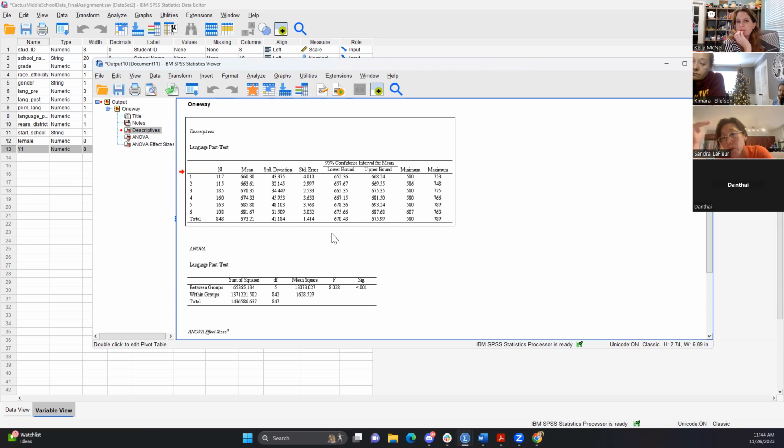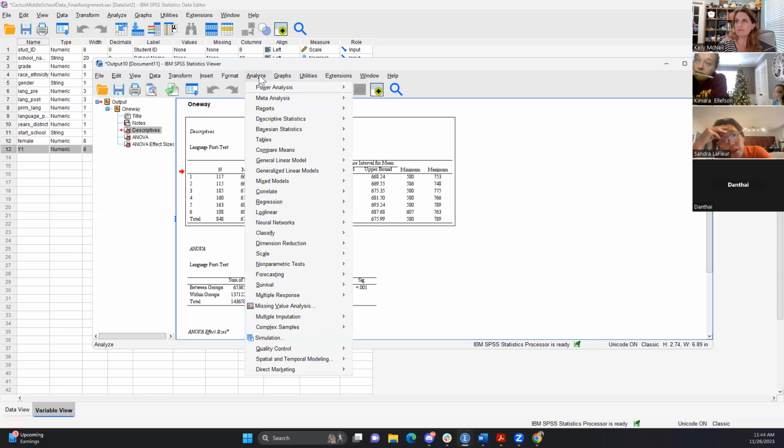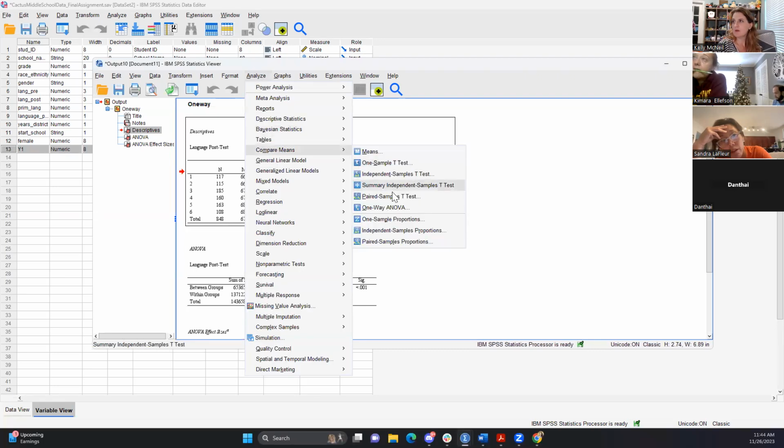If you were a year 1 student, maybe we would assume there's not much difference between a pre and a post. But if you're a year 4 student, there might be a difference. But I don't know if that's a question I would ask anymore, now that I'm looking at it like this. So let's go back and do the ANOVA for the pretest and see what those scores look like. Yeah. Okay, let's do that.